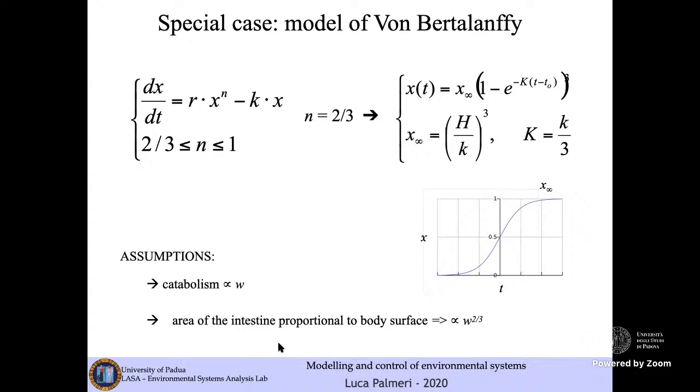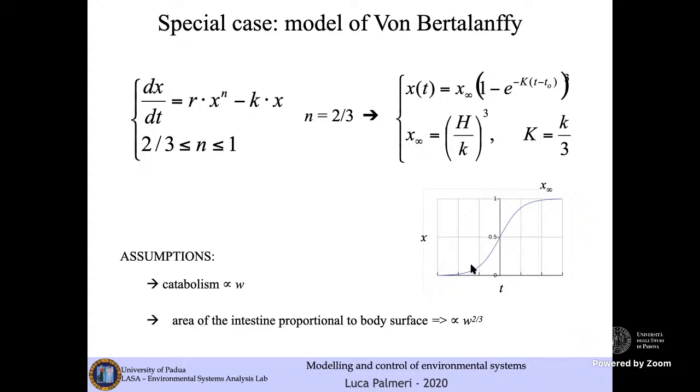And the second assumption that may somehow justify the 2/3 exponent is that the area of the intestine is proportional to the body surface, and this proportionality may be described by a 2/3 exponent of the weight. Why this?